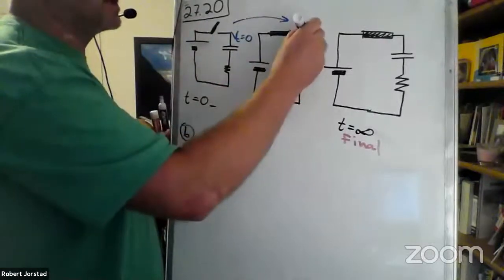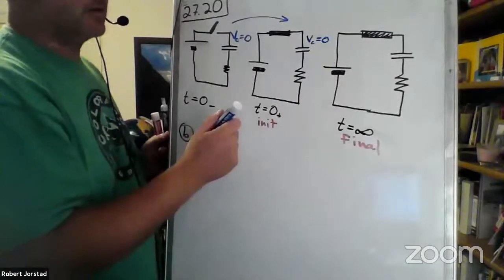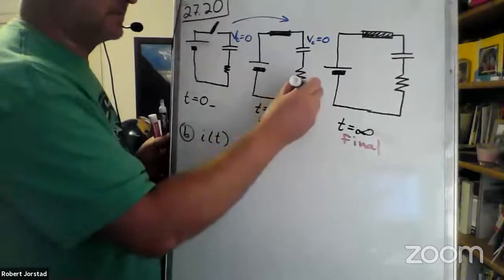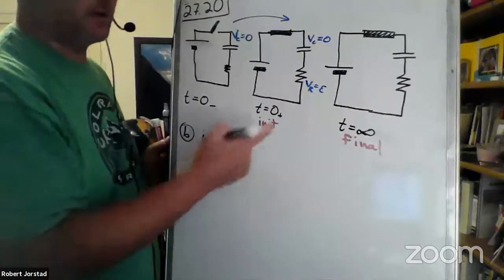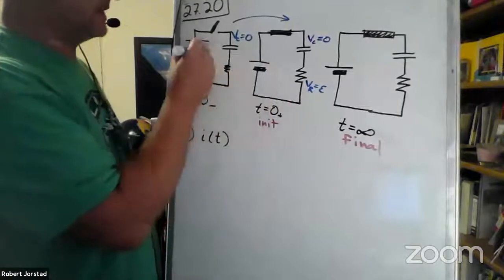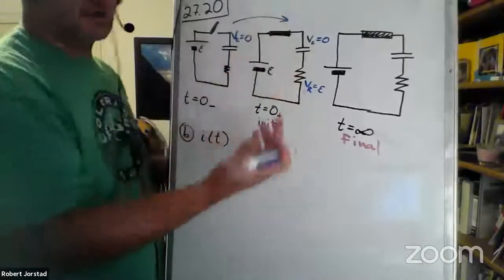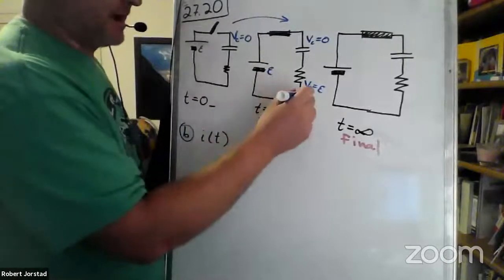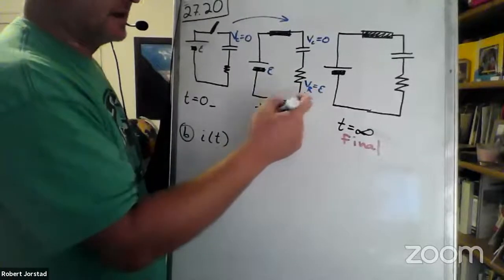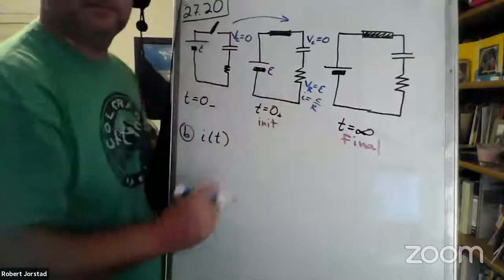So this voltage is still 0, which tells me this voltage has got to be E, the whole voltage of the battery, because if I go around the loop, something has to drop the voltage by E on the other side. So that tells me right here, the current is going to be E over R.